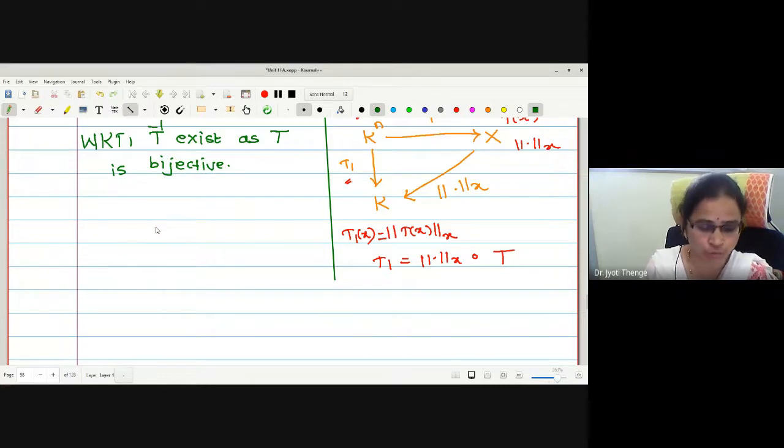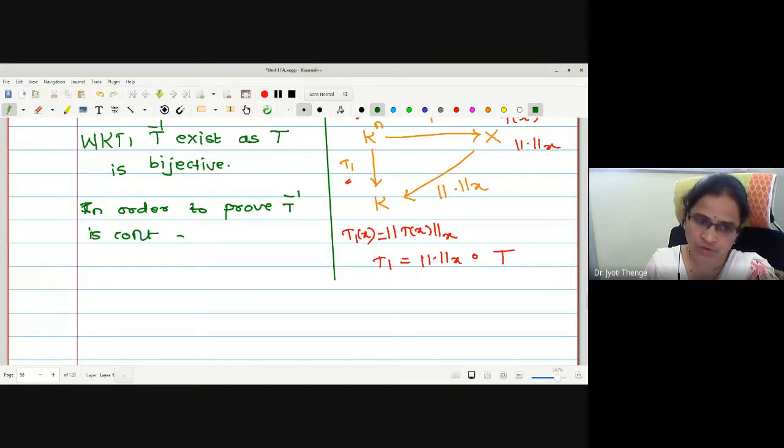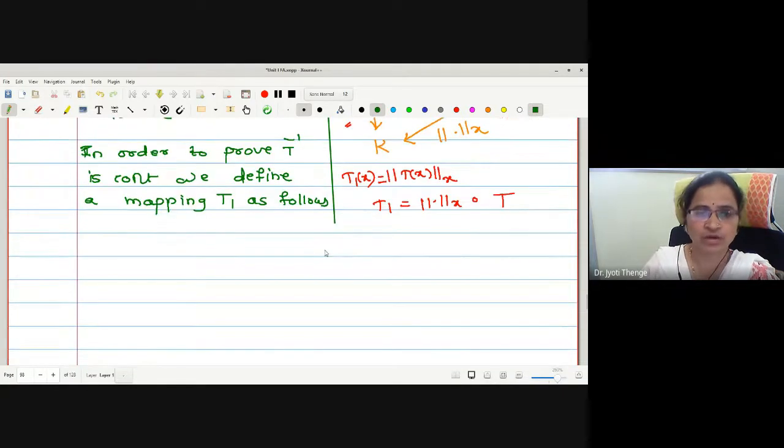Now, in order to prove that T inverse is continuous, we define a new mapping T1 as follows. See how I am going to define T1.